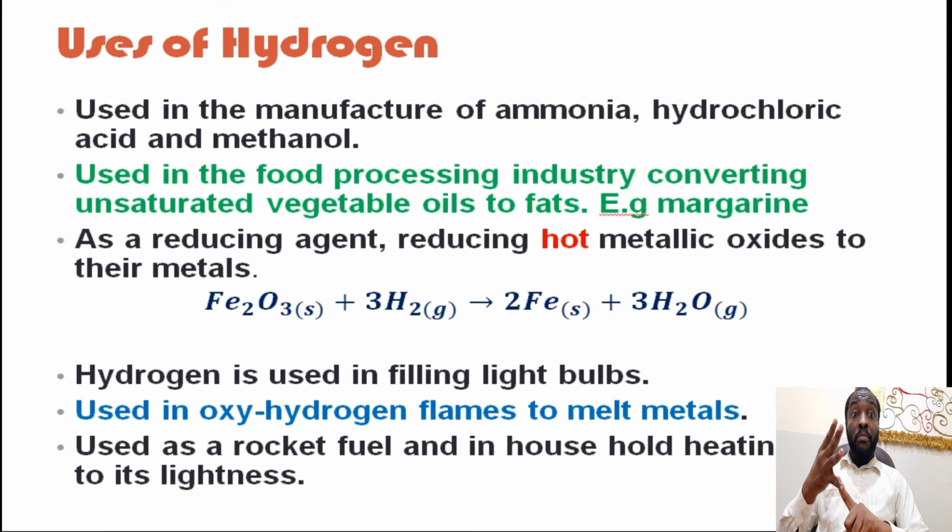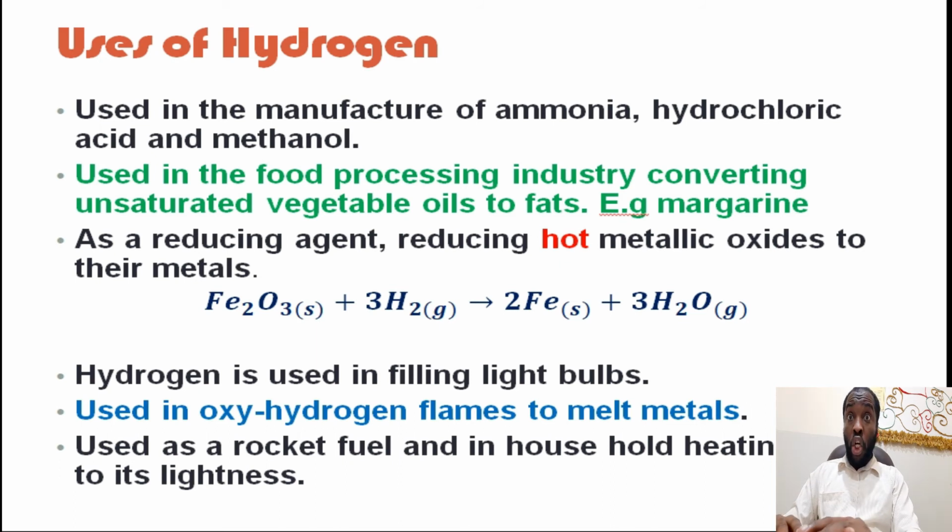For ammonia, hydrogen is required in our Haber process with nitrogen to produce ammonia. And for hydrochloric acid, like we told you before, your hydrogen, when reacting with chlorine, produces a hydrogen chloride gas, which, when dissolved, we have our hydrochloric acid.